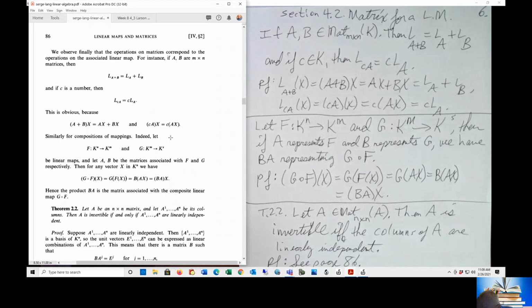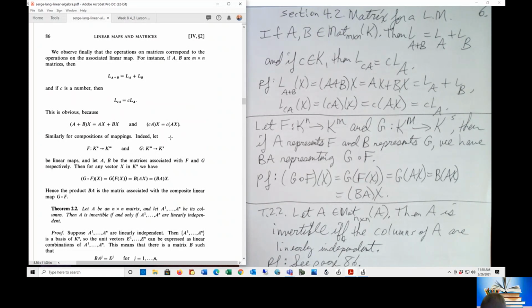And then look at composition mappings. If F is a linear map from Kn into Km, and G is a linear map going from Km into Ks, and suppose that A is the matrix representing F, and B is the matrix representing G, then it turns out that B times A represents the composition mapping G composed with F. So here's the proof of this result.